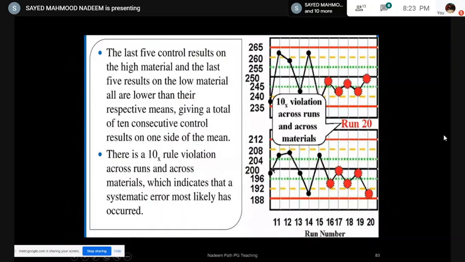As you can see here, the lower control is having 5 points on negative SD, and similarly the higher control is having 5 consecutive points on the negative SD. So this is called 10x rule across material, across run. This is a systematic error, and in biochemistry, this basically means that the lab mean needs to be rectified.